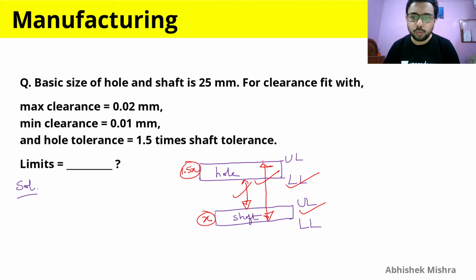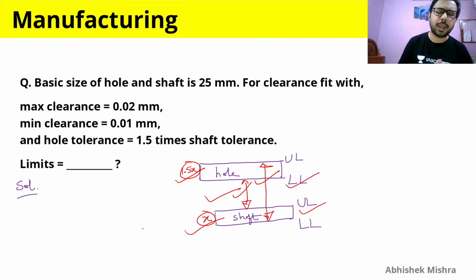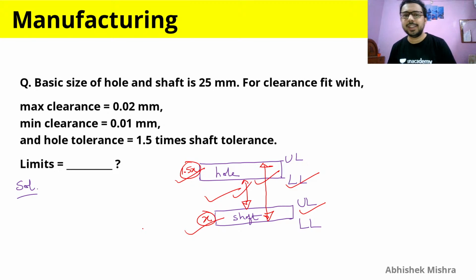So you make sure the maximum clearance length is equal to this plus this plus this, and after that you find x, the shaft tolerance. Then you calculate the limits of the shaft, then the hole tolerance, and then the limits of the hole.